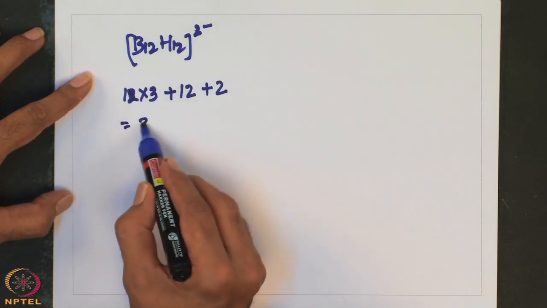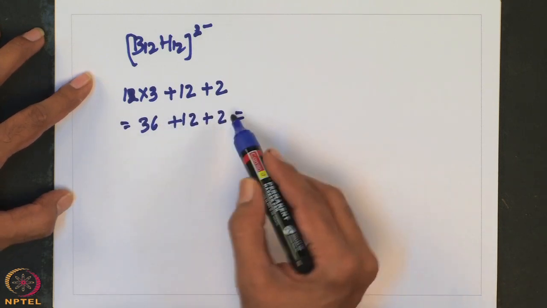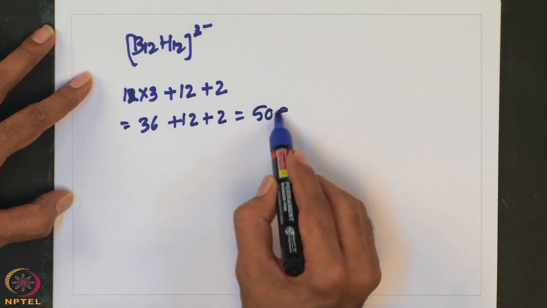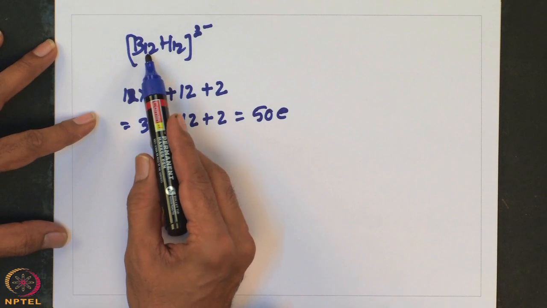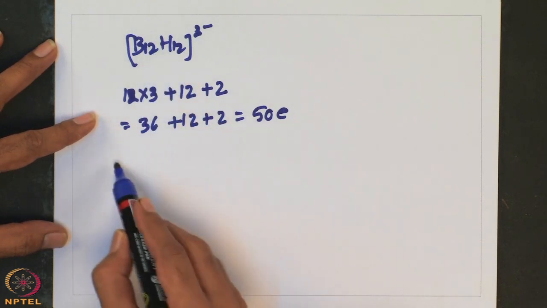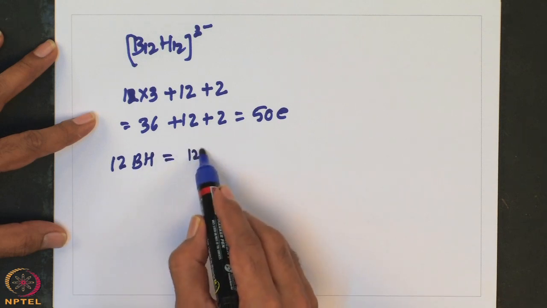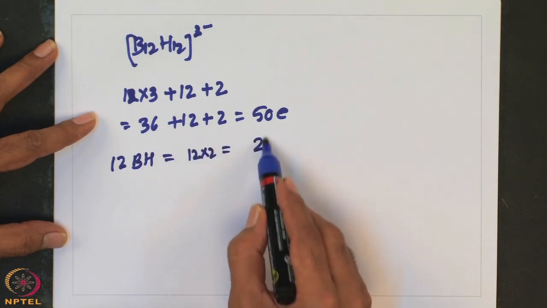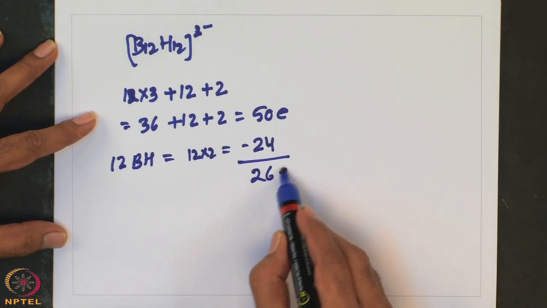So, 12 into 3 is 36 plus 12 plus 2. So, total we have 50 electrons. Out of 50, we have to deduct 24 electrons for 12 BH bonds. So, 12 into 2 equals 24. Then we have 26 electrons.